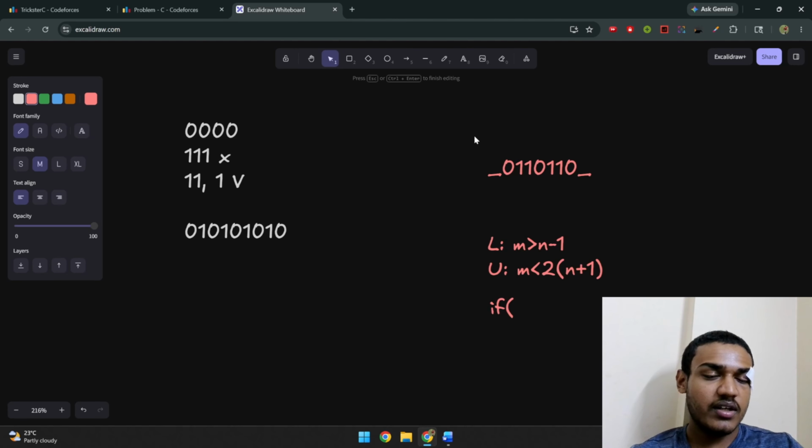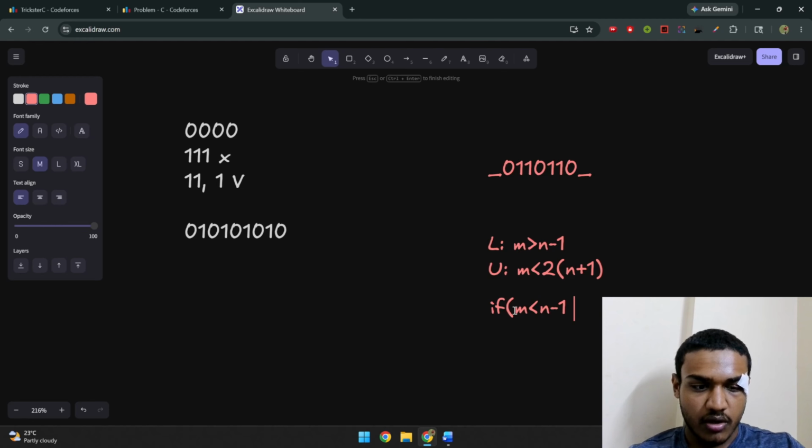But since we're looking for the negative of that outcome, or when M is actually less than n minus 1 or M is greater than 2(n plus 1), we'll essentially be flipping these signs. So what that could look like is you'll have M less than n minus 1 or M greater than 2 times (n plus 1).